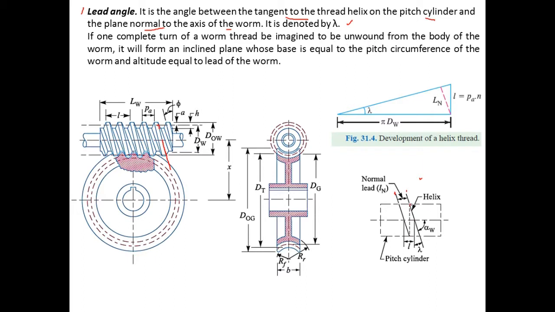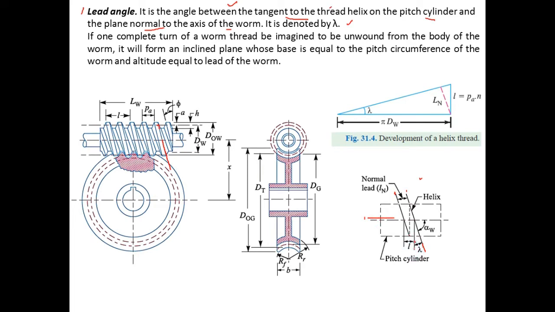So here, according to the definition, the angle between the tangent to the thread helix, so this is the helix, tangent to the helix is this line, and the plane normal to the axis of the shaft of the worm. So this is the shaft and this is the axis of the shaft.